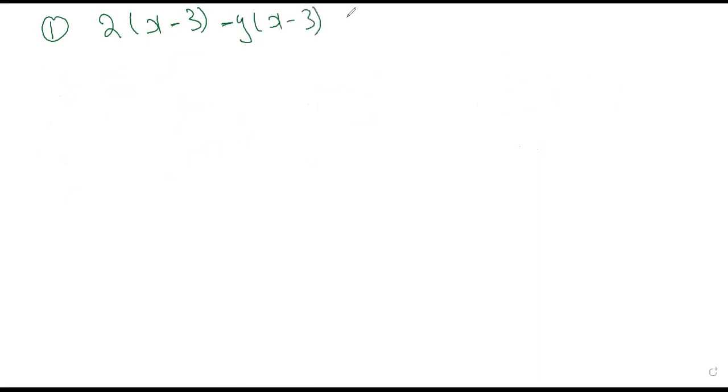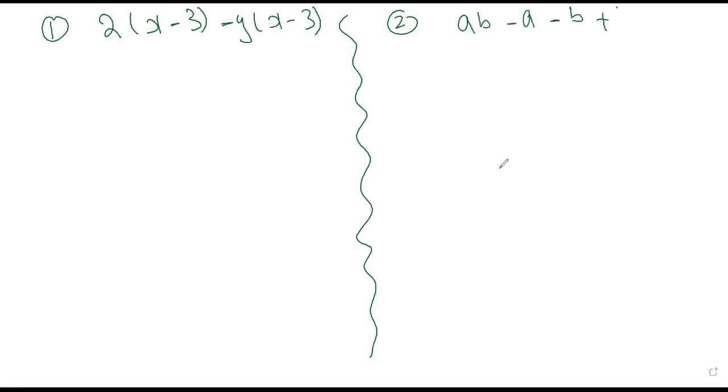And let's say the second one is ab minus a minus b plus 1. Now, Saneem, you cannot factorize these things directly. Do you know how to solve quadratic equations?